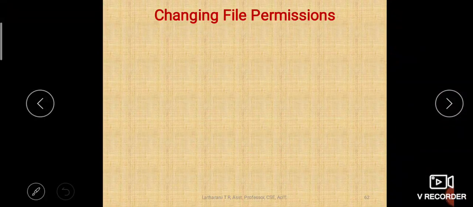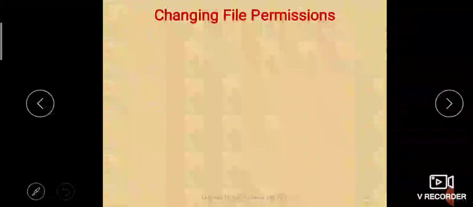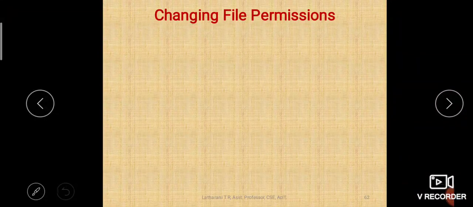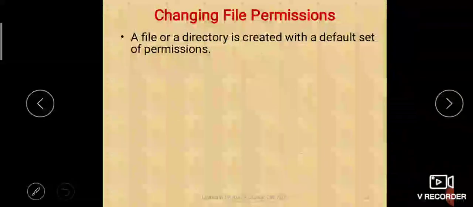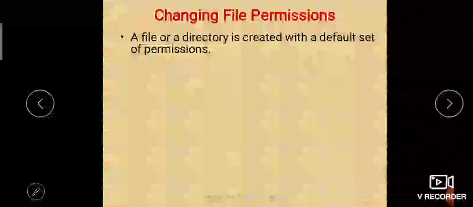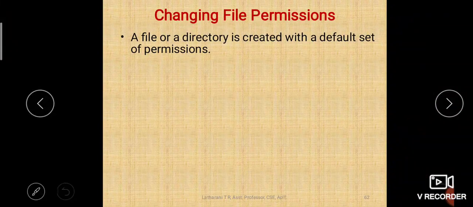Fine. Then coming to changing of file permission. Suppose first you have given a set of permissions, but later you want to change that permission. You want to give some permission or you want to take off some permissions given. Then you can use this method of changing file permission. A directory or a file is created with a default set of permissions.